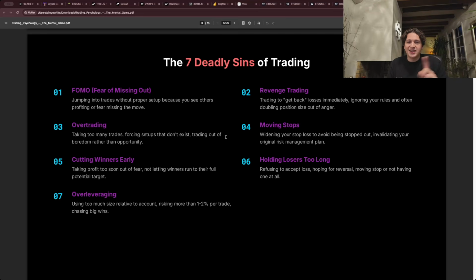This is the matrix, guys. This is how you guys will get stuck in the situation you are currently in, because you cannot gamble for your life. You have to take clear steps, and FOMOing is one of the 7 deadly sins of trading.